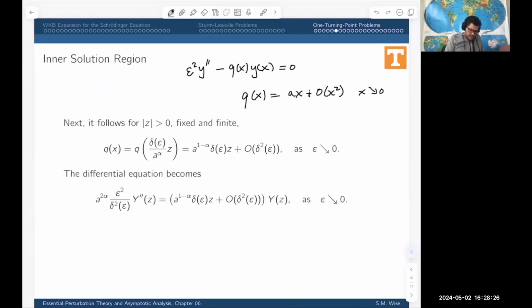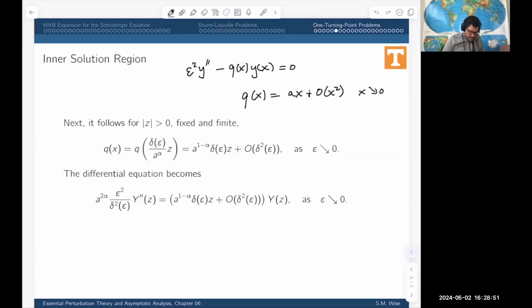What I want is to choose the scaling so that this term in a and this term in a can be the same. That way I can just divide them out. Of course, this term, if I divide or multiply by a, is going to remain order delta squared because a is a fixed and finite number.